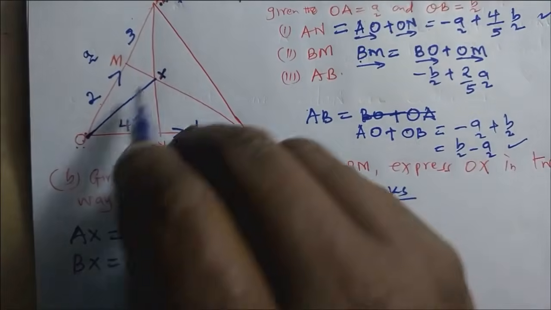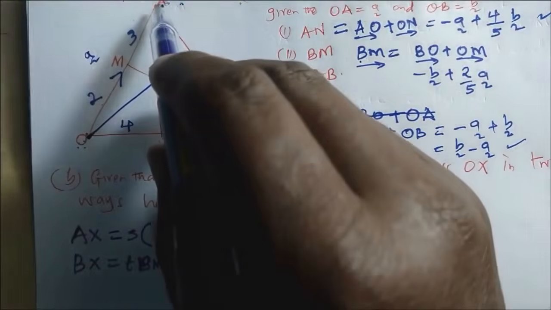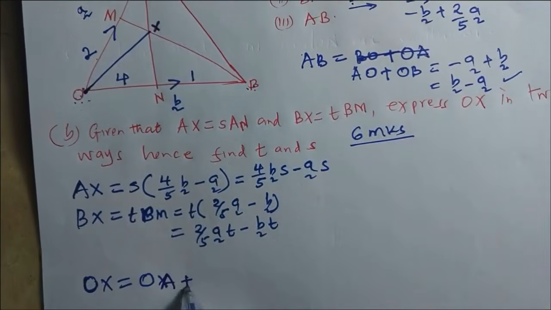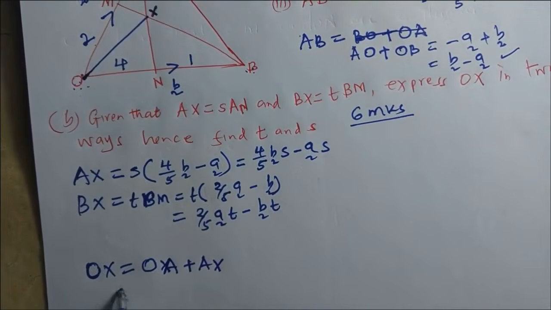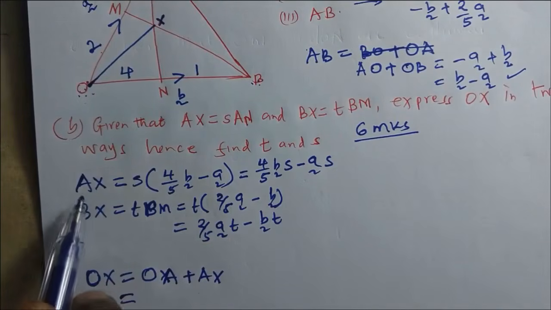So OX is equal to OA plus AX. Make sure you go in the direction that contains these values we have obtained here, AX.